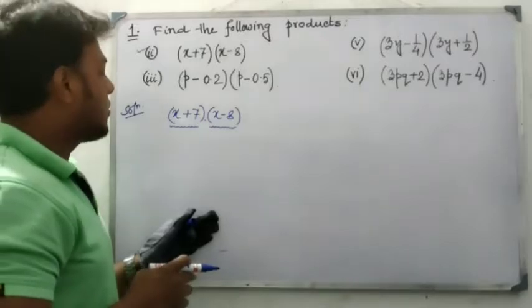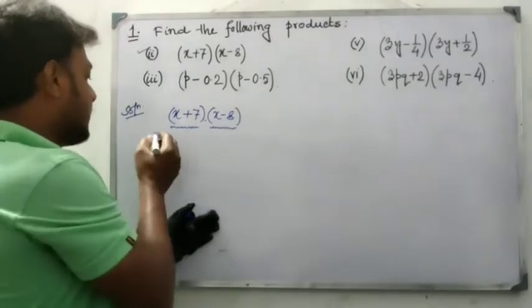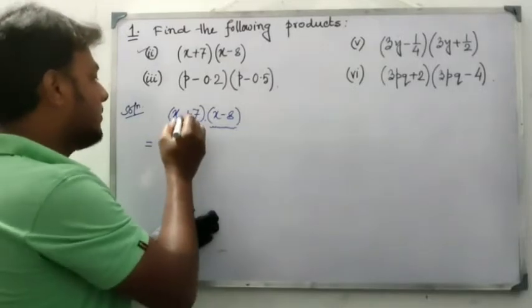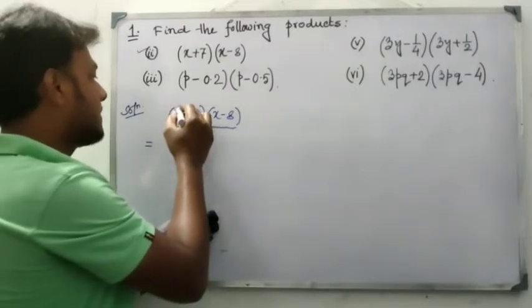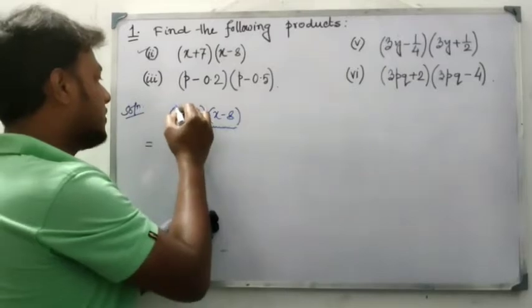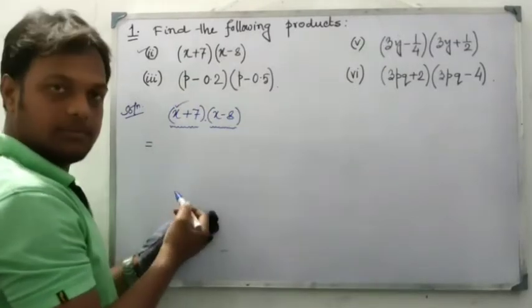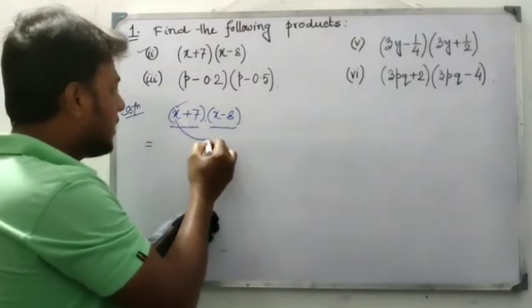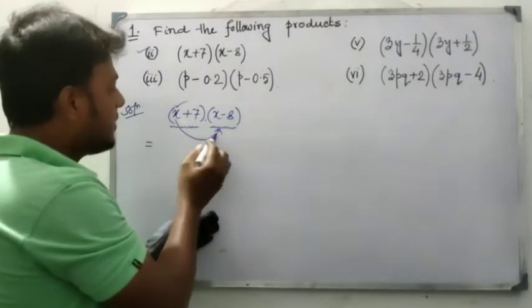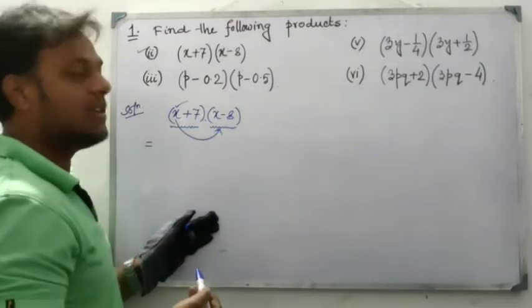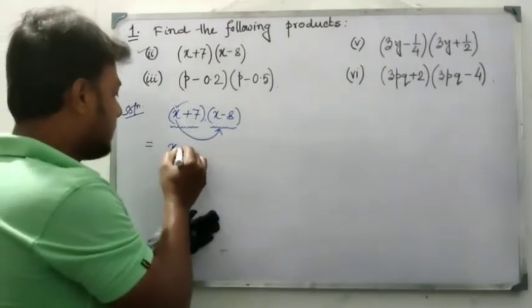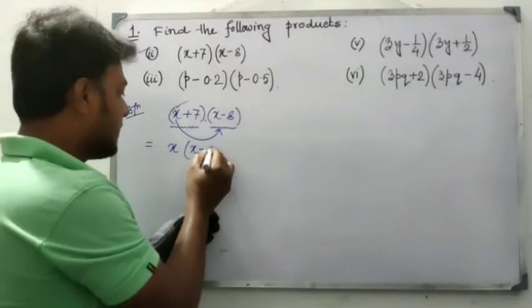To apply the distributive property, first we choose this x and hold it, and multiply with the second factor, that means with the complete x minus 8. So if we do it, then it will be x into x minus 8.